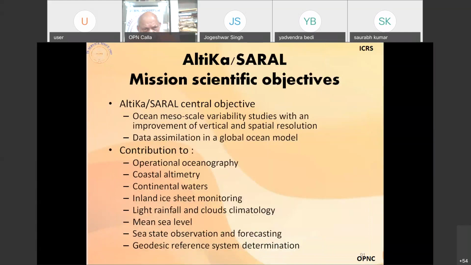Then we have this altimeter, Saral. In this case, again, the same thing: you get the altimetry of the water, inland ice sheets, rainfall, mean sea level, which you will get with the help of this, sea state observation, geodetic references.